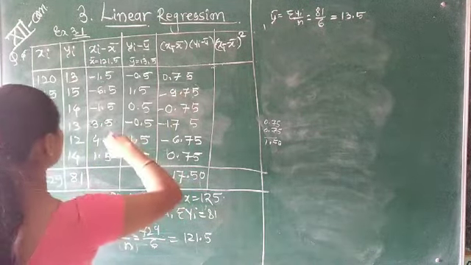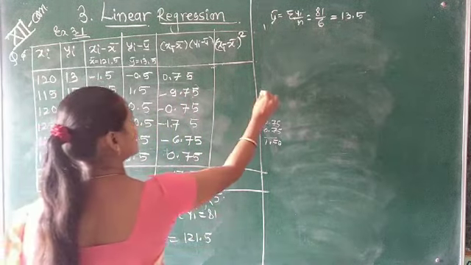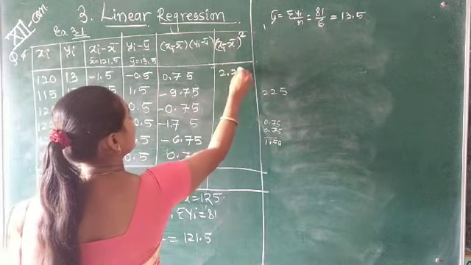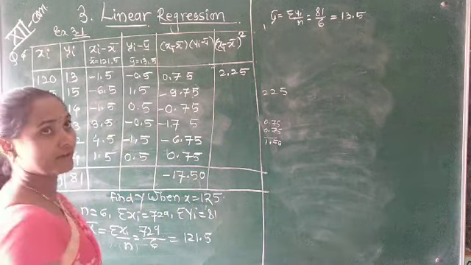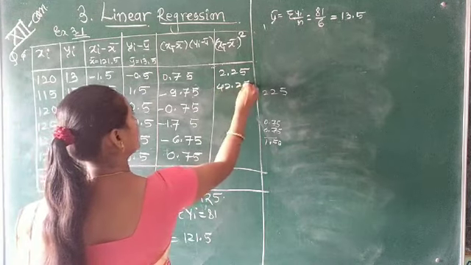Now we have to find the regression of y on x, since we have to find the value of xi minus x bar square. Minus 1.5 square is 2.25. 1.5 square is 2.25. 6.5 square is 42.25.